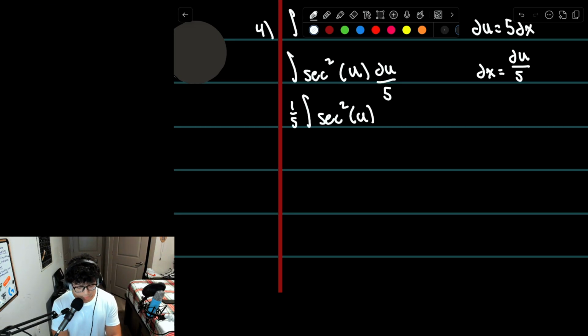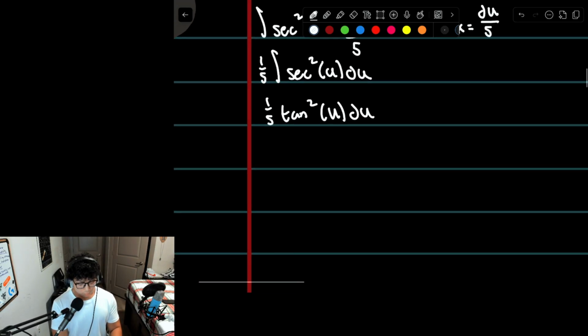Becomes the integral of secant squared u du times 1/5. And if you caught on, the integral of secant squared is tangent. So now we are given 1/5 tangent u plus c. Don't forget that.